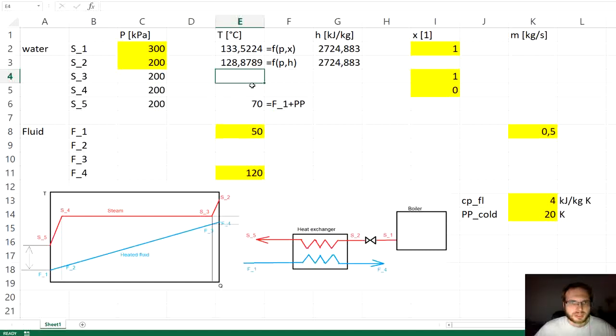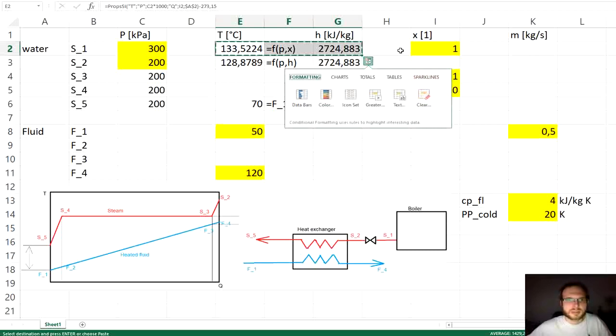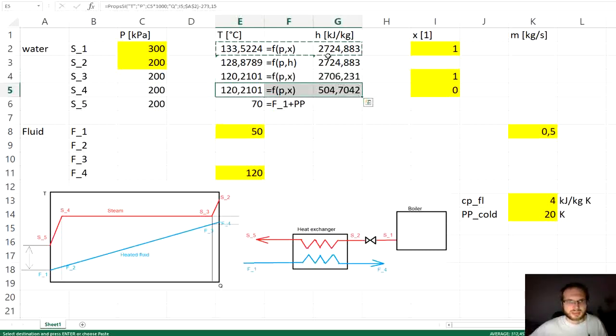Now, for the point S3, again, same as at point 1, we have the pressure and we have the quality. So what we can actually do, after we lock the water, is copy these 3 cells and directly apply them here and also here.